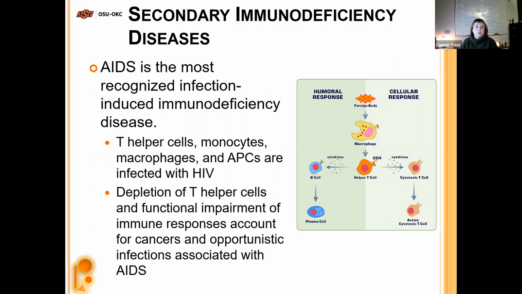T helper cells, monocytes, macrophages, and antigen-presenting cells will be infected with HIV, and then depletion of the T helper cells and the functional impairment of the immune response as a result account for cancer, opportunistic infections, and stuff like that, that can eventually, if left untreated, lead to death.